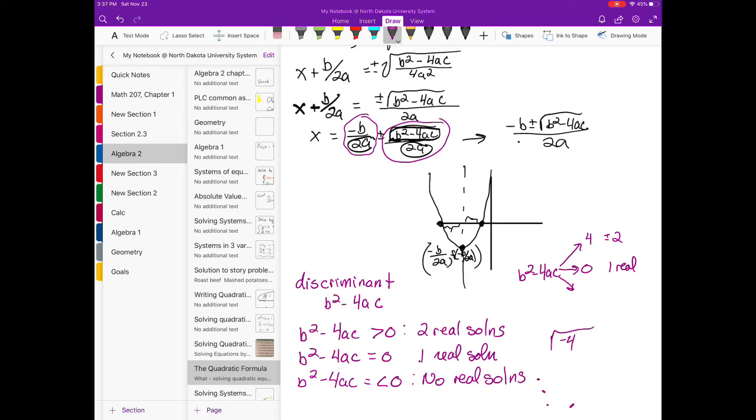Let's say it's negative 4. Well, what's the square root of negative 4? It turns out it's a complex number, which involves imaginary numbers, and we're going to get to that in the next session, but no real solution. So that's 0 real solutions.